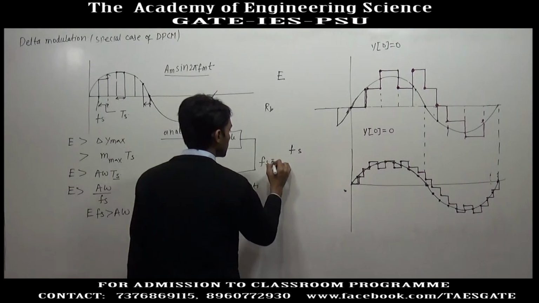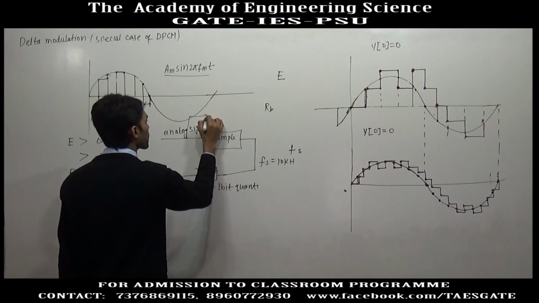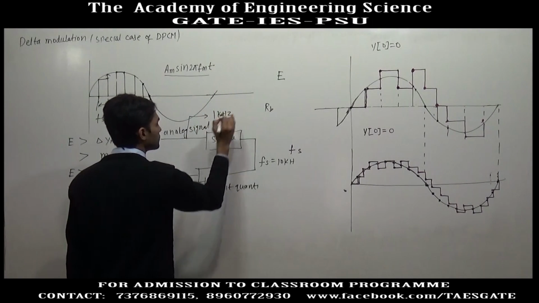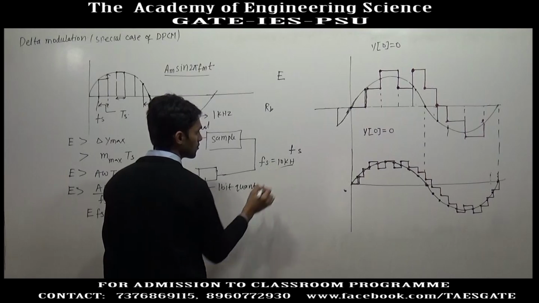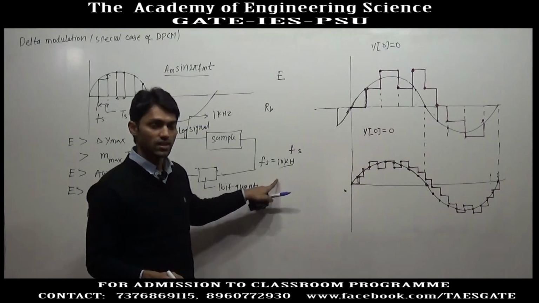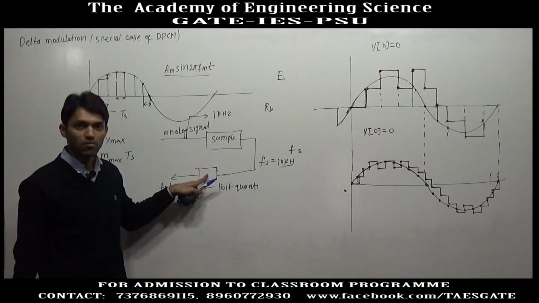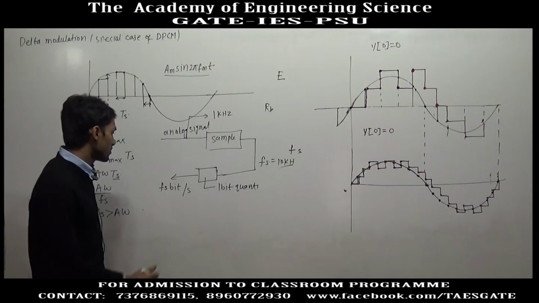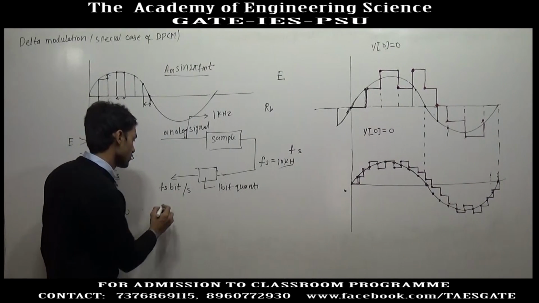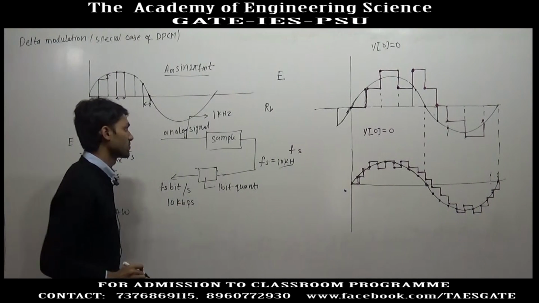Suppose the modulating signal has a frequency of 1 kilohertz and the sampling frequency is 10 kilohertz. So, we will get 10,000 samples in 1 second, and each sample is encoded with 1 bit in case of the delta modulator. So, we will get 10,000 bits in 1 second. So, we will say we will have a 10 kbps bit rate.